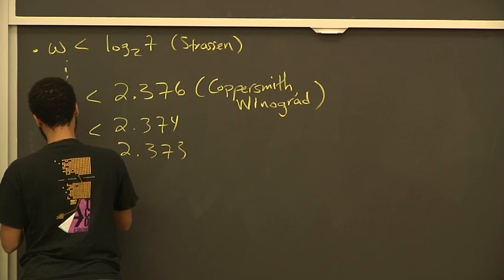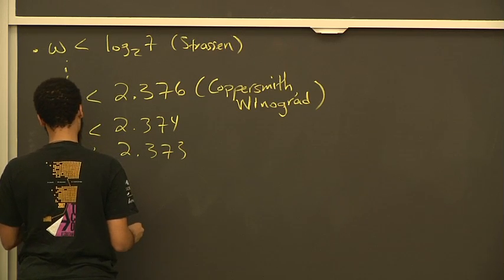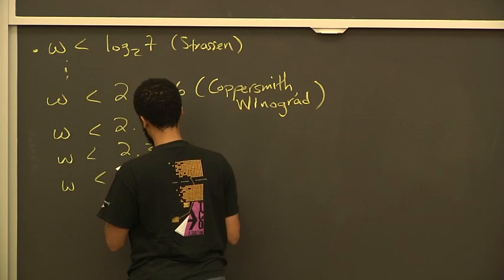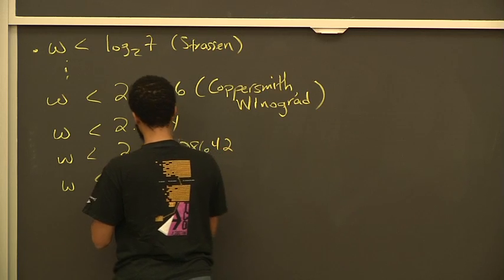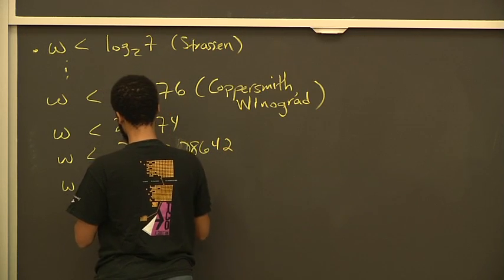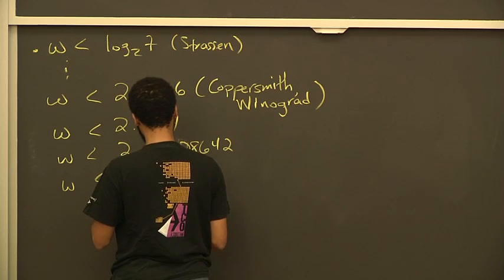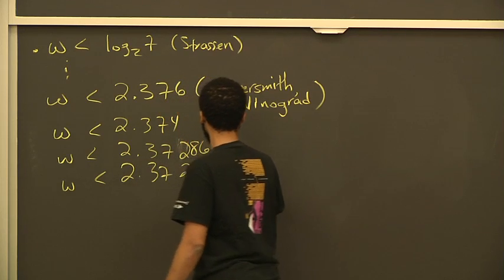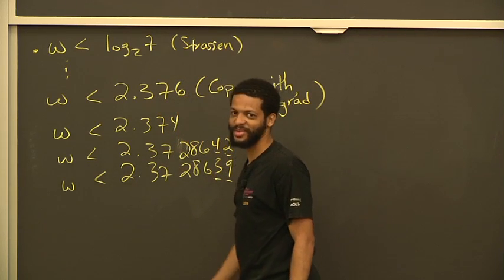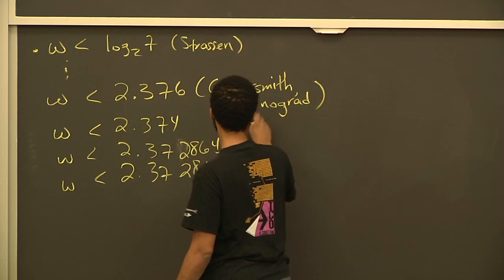And then omega is less than, well, let me be more specific, 2.3728642, and then 2.3728639. So these last digits got improved. Okay, so this is Stothers.